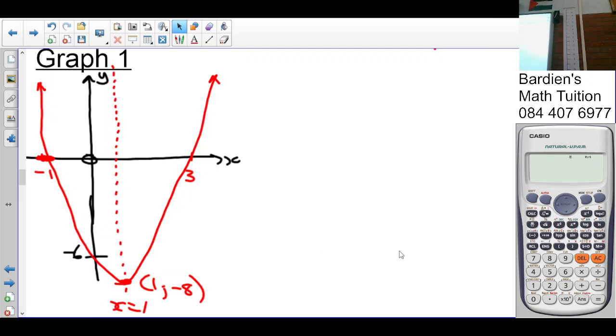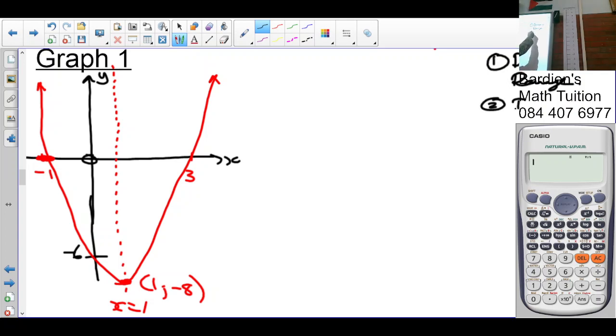So the first thing we're going to be asking ourselves is with regards to the domain and the range of the graph. Okay, that's number 1. Then we're going to look at where the graph is increasing and where the graph is decreasing.